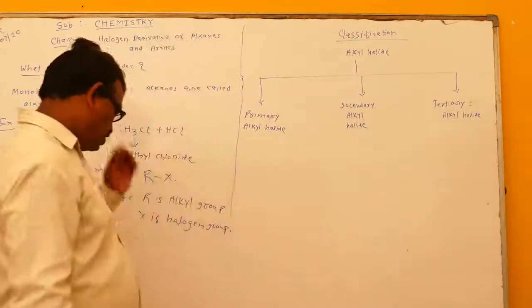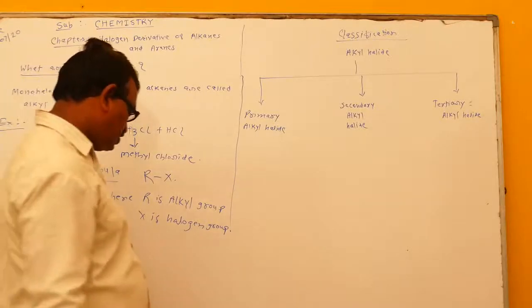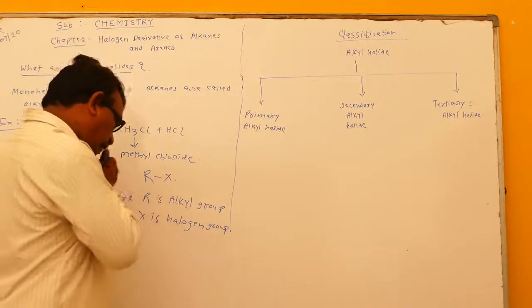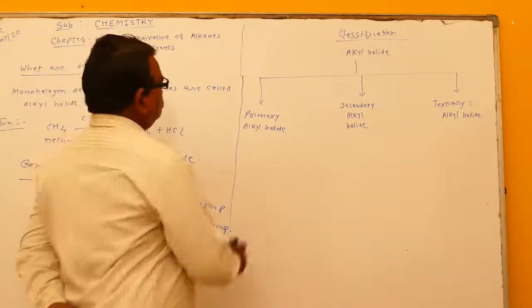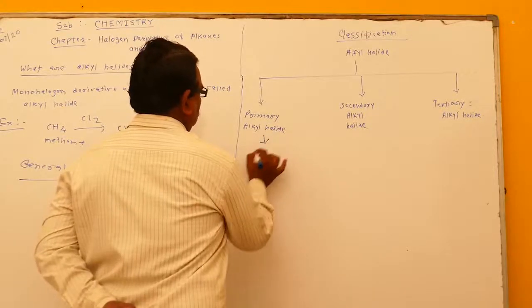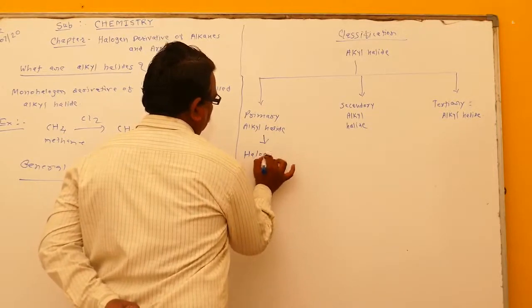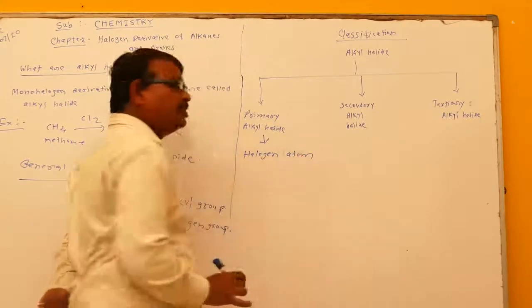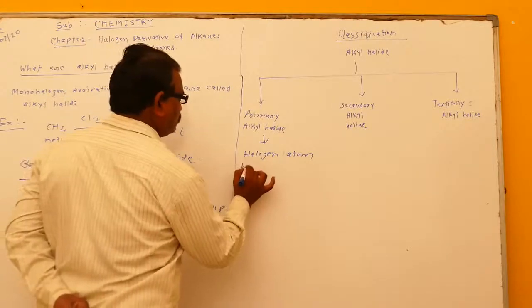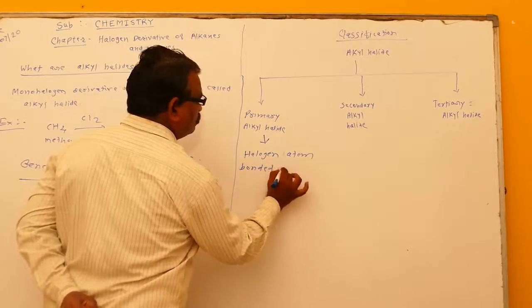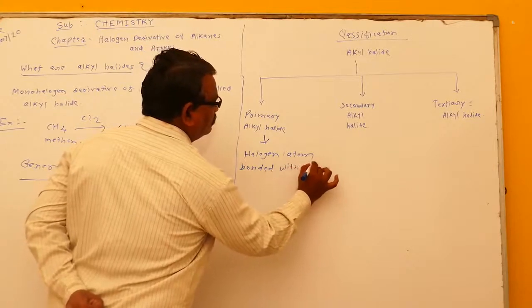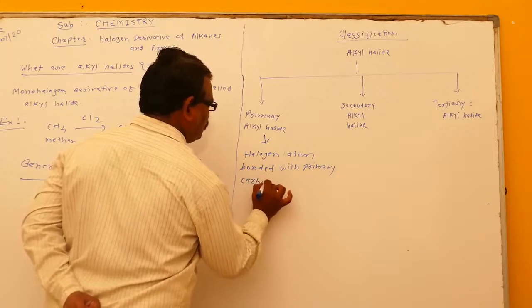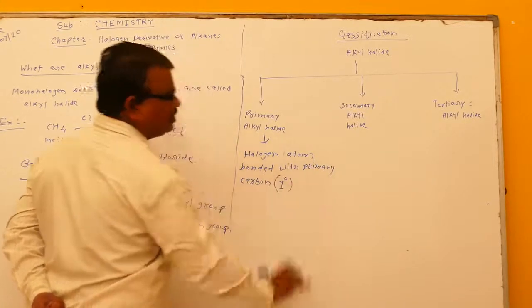Now the primary alkyl halide: when the halogen atom is bonded with a primary carbon, it is called 1 degree.